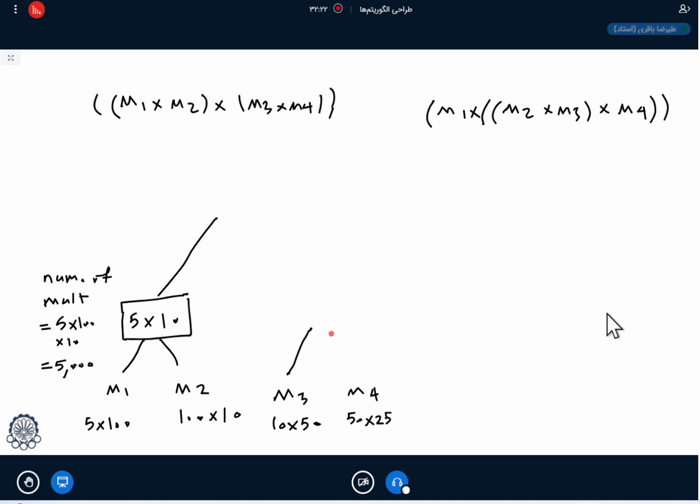When we multiply these two matrices, the result is a 10 multiplied by 25 matrix.